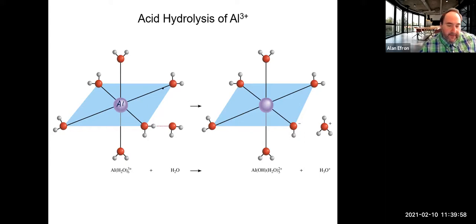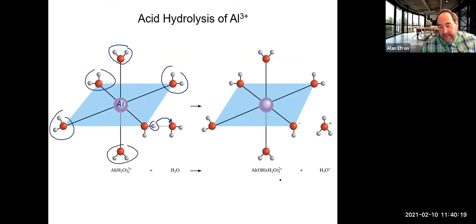What ends up happening is one of the waters attached to the aluminum will give away its H plus to a water that's just floating around. When it does so, as we talked about last time, you're left with 1, 2, 3, 4, and 5 intact waters, which is why this formula looks like that.